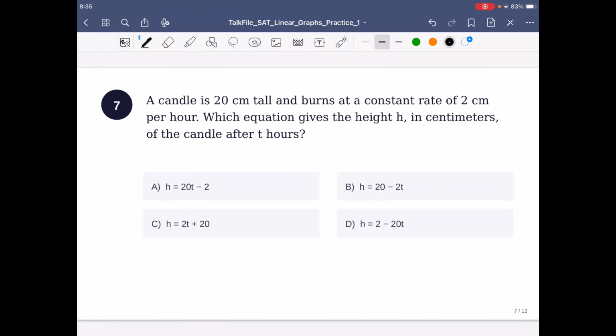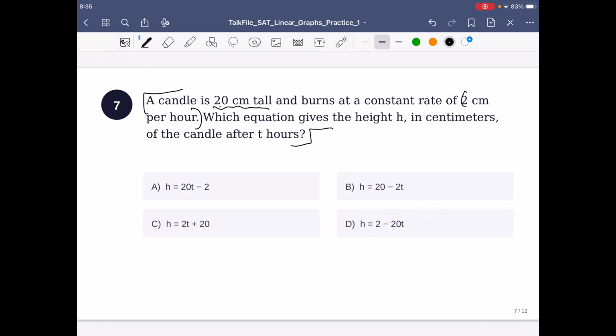Okay, let's move on to the next question. When you first come across this kind of long text question, you might feel a bit overwhelmed, but it's pretty straightforward once you get the hang of it. Let's have a look. A candle is 20 centimeters tall and burns at a constant rate of 2 centimeters per hour.